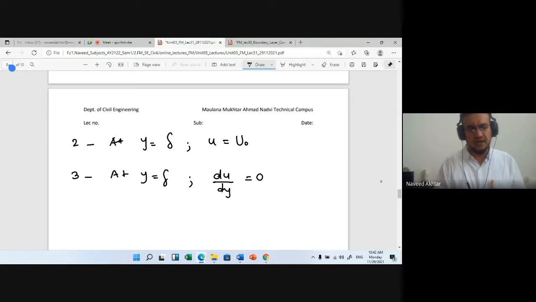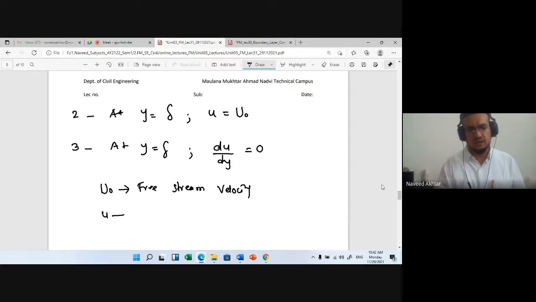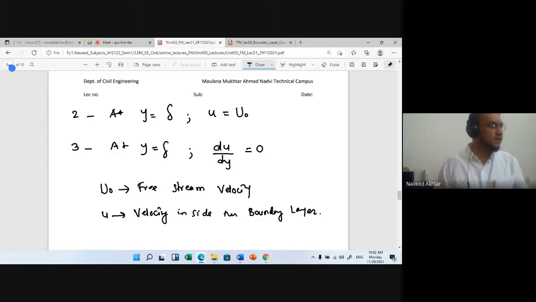So you know that u0 is nothing but your free stream velocity, and u is nothing but the velocity of flow inside the boundary layer.